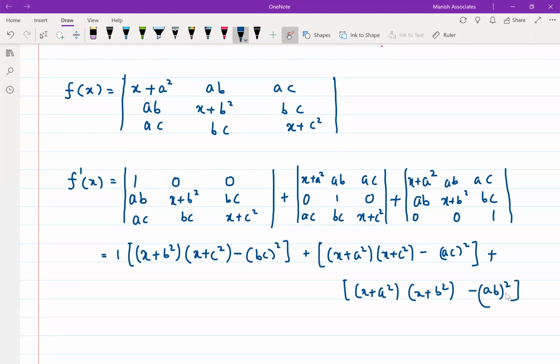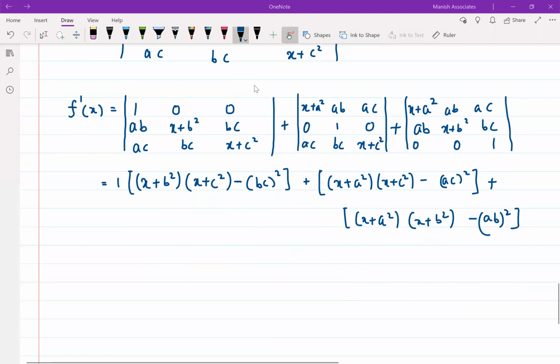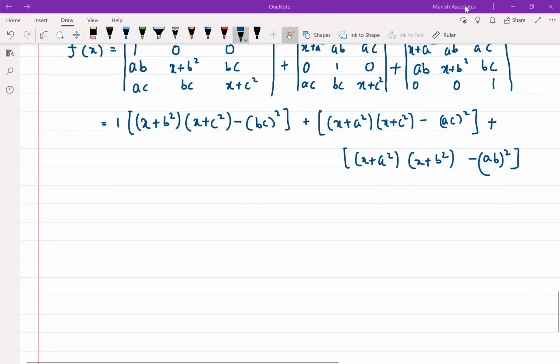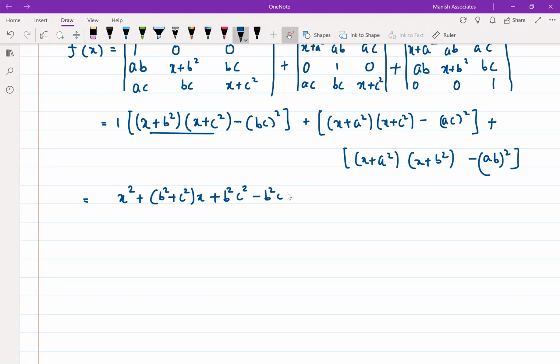Now I think so from here you can take off, right? Sure. So for the further calculations, I will show you now what has to be done. For those students who are still facing problem in calculations, please see this now. I have just taken the determinants in every case. If I multiply these two brackets, I'll have x square plus b square plus c square times x plus b square c square minus b square c square.